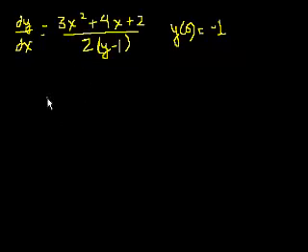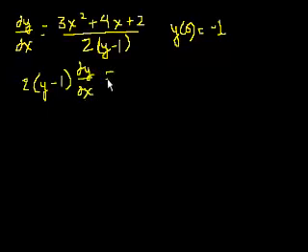So let's first separate this equation. Let's multiply both sides by 2 times y minus 1, and you get 2 times y minus 1 times dy dx is equal to 3x squared plus 4x plus 2. Multiply both sides times dx. This is really just an exercise in algebra. I can multiply this one out too.